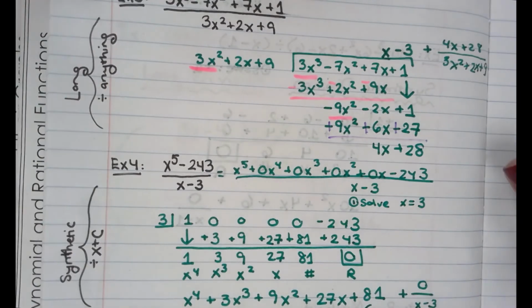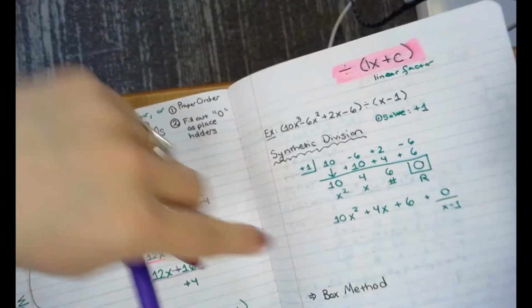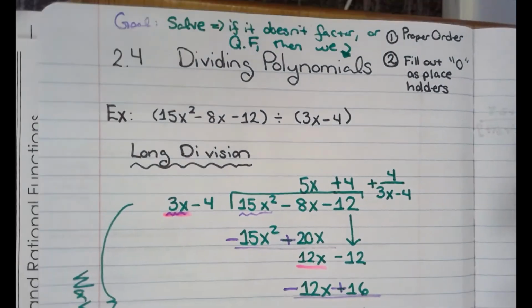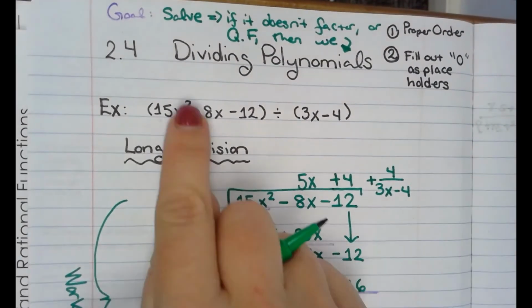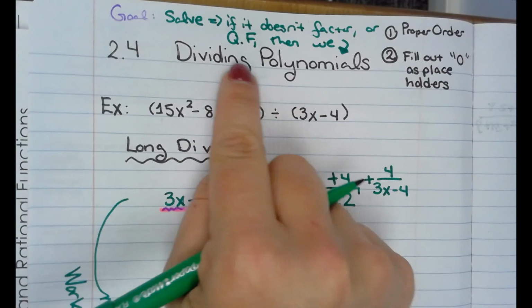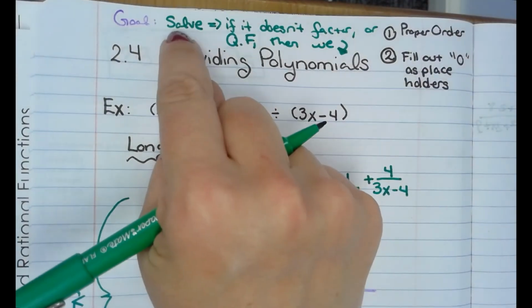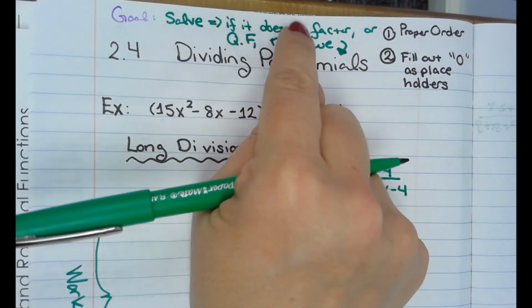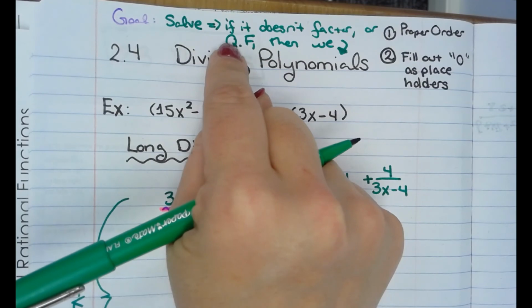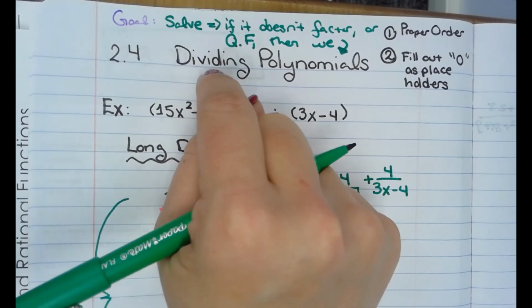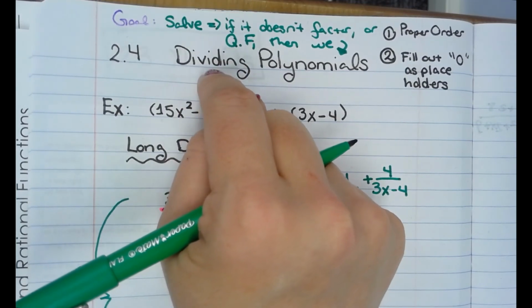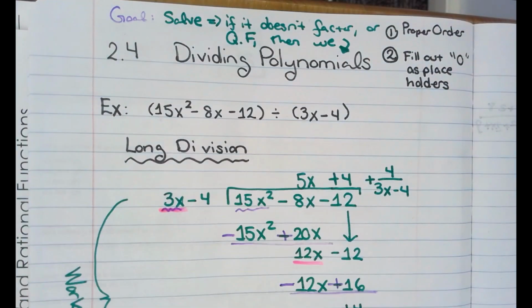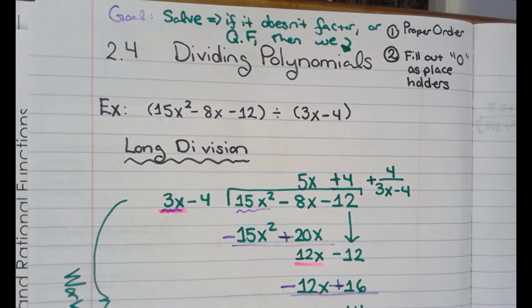So ultimately, as we finish out today, I want to make sure again that we know our goal is to practice dividing polynomials, but we are going to use it to start solving. If we can't factor, we can't do the quadratic formula, then we use division to see if it is a solution or not, based on if it has a remainder or not. And that is it for today.